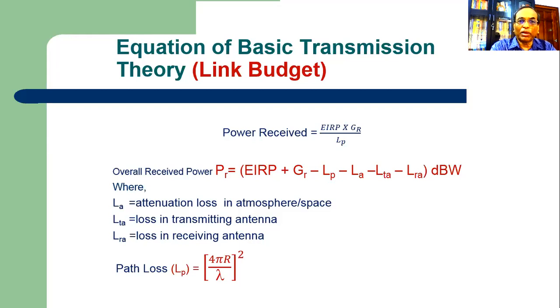Overall received power PR is equal to the EIRP of the transmitting antenna, that is, from the isotropic source where this energy is radiating, that EIRP, that is the PT, plus the gain of the receiving antenna.